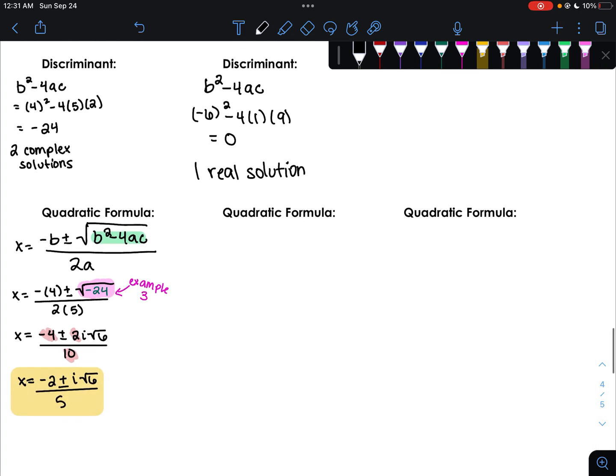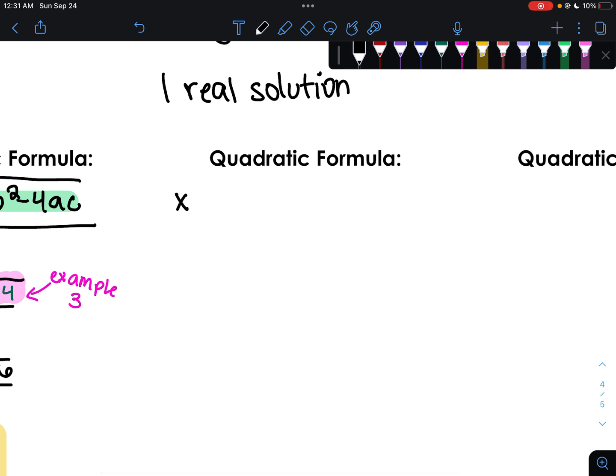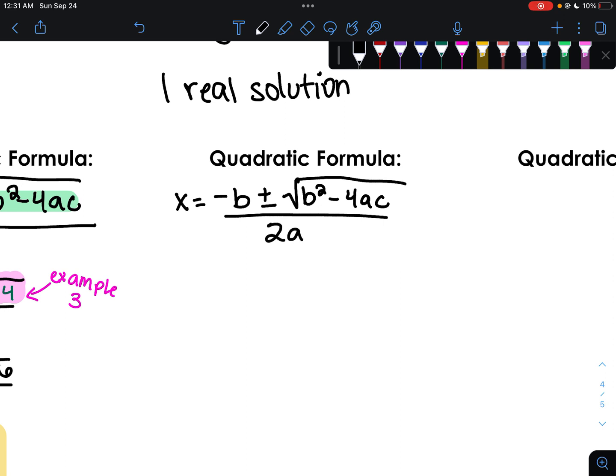So now we can go to the quadratic formula, which is negative b plus or minus the square root of b squared minus 4ac all over 2a. So now we have our negative 6, so the double negatives, plus or minus the square root of 0 that we got from above, all over 2 times 1.